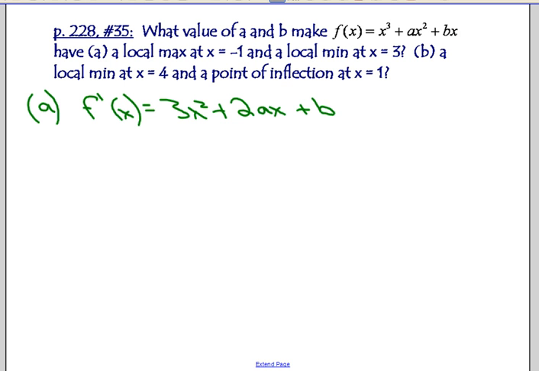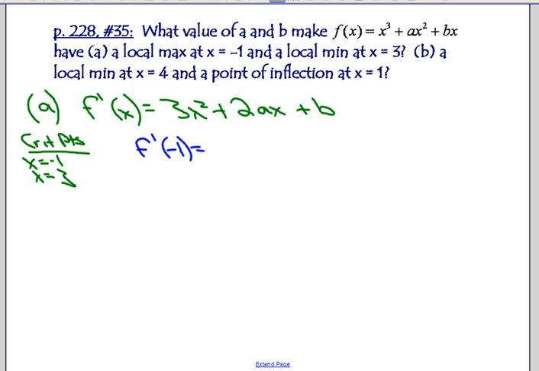Now, a couple things we'd like to do. We'd like our derivative equal to 0. We want critical points when x equals -1 and when x equals 3. So now that I have the derivative, I'm going to sub in those values, and I know that the derivative should equal 0 at those values. So I'll take f prime of -1.